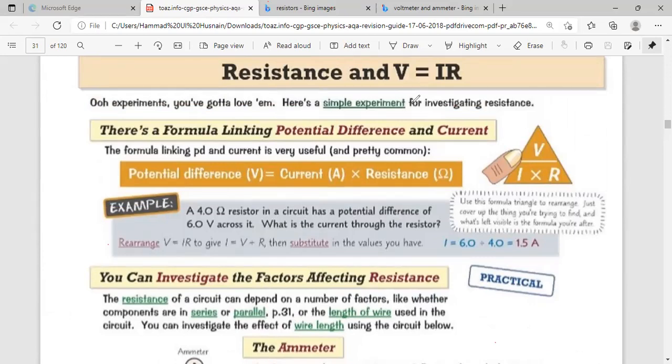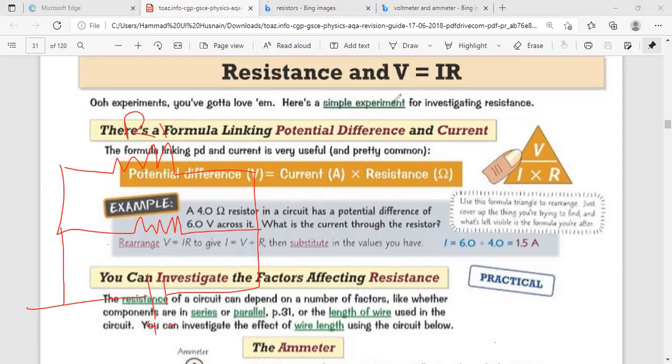As I have drawn here, let us say we have resistance R1 over here and resistance R2 over here, and then both these resistors are connected with a battery, and this circuit is complete.